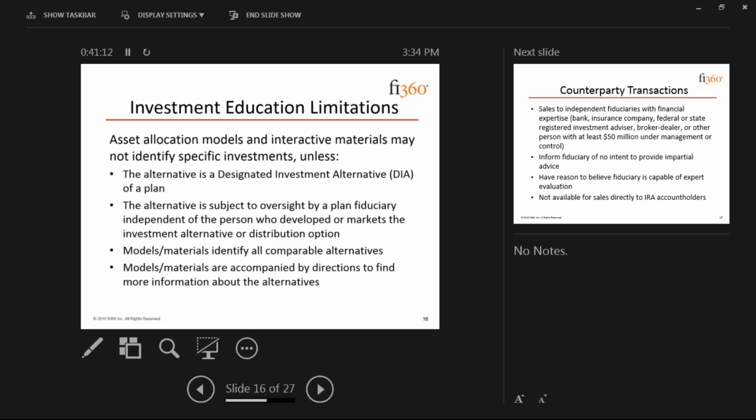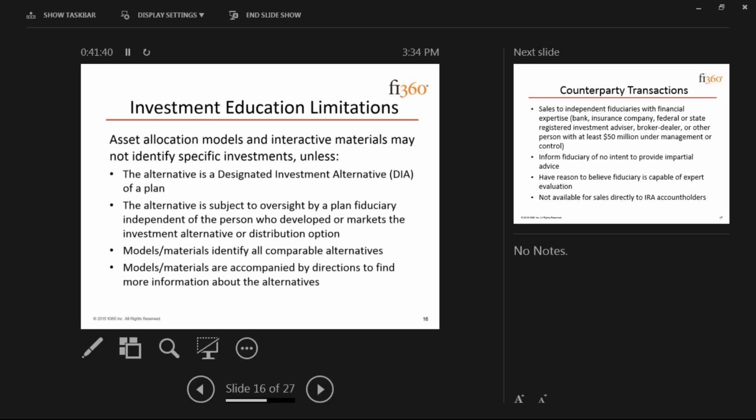So the DOL made accommodations here, and they said, okay, we're going to let you get specific if it's a designated investment alternative that's in the plan, or if the alternative is subject to oversight by the plan fiduciary, and the plan fiduciary is independent of the person who's developing or marketing this investment alternative or distribution option.